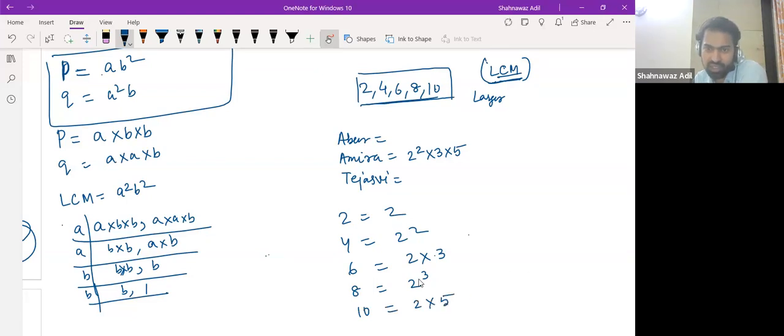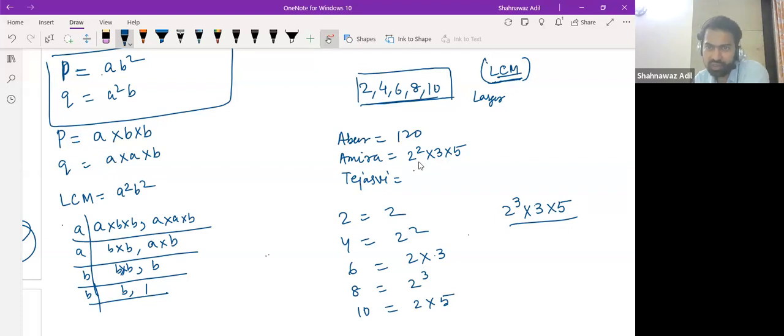So what is the highest power? 3. So this would be 2 cube, right? And then what are the remaining numbers? So this would be the answer, right? 2 cube is 8, and then 3 and 5 gives 120. So 120.